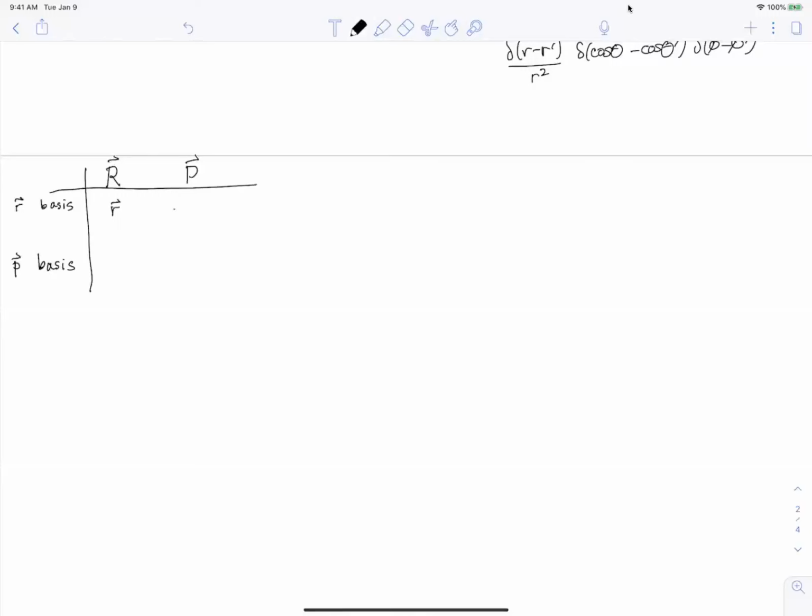P is represented by minus i h bar times the gradient. The R in the P basis is represented by positive i h bar gradient with respect to P. And P in the P basis, of course, is just represented by the vector P. So here, the gradient sub P is x hat, derivative with respect to P sub x, plus y hat, derivative with respect to P sub y, plus z hat, derivative with respect to P sub z.